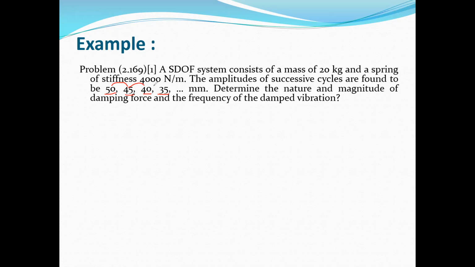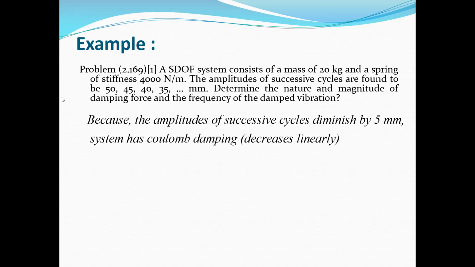According to this condition, we can conclude that the damping of this system is Coulomb damping. Because the amplitudes of the successive cycles diminish by 5 millimeters, the system has Coulomb damping.